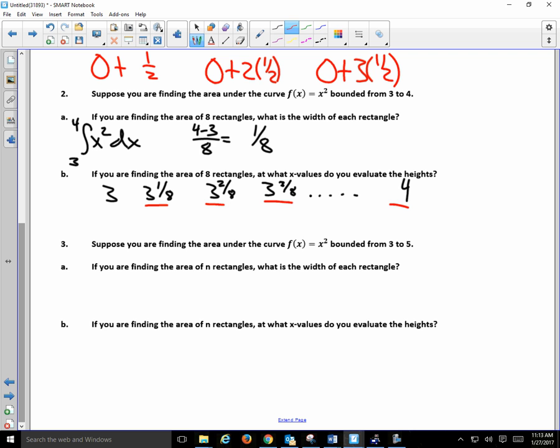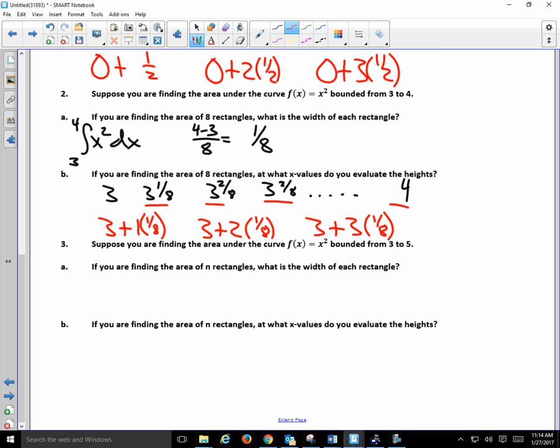Right. So what you did is you took 3 and you added onto it one of the widths, right? And then you took 3 and you added onto it 2 of the widths, right? And you took 3 and you added on to it 3 of the widths, right?